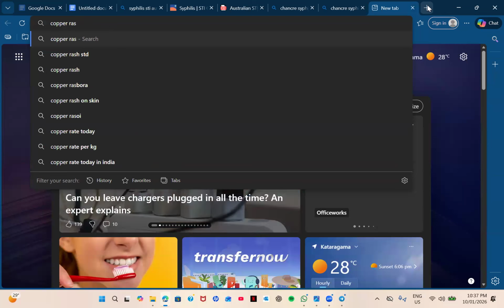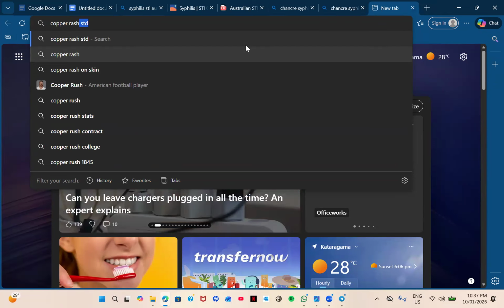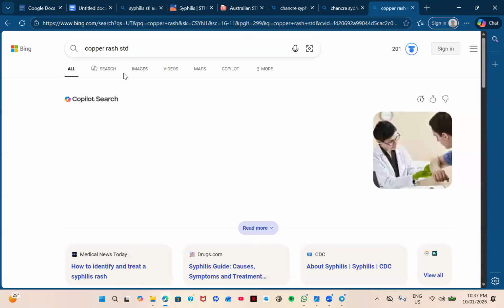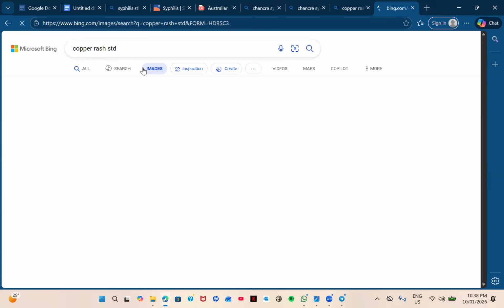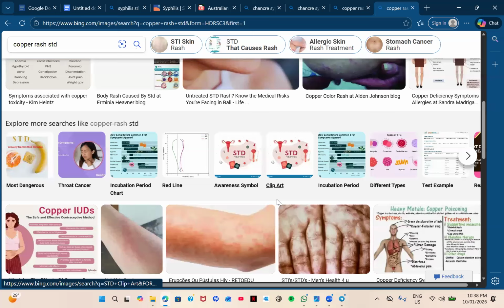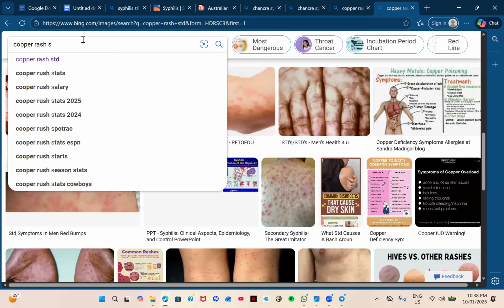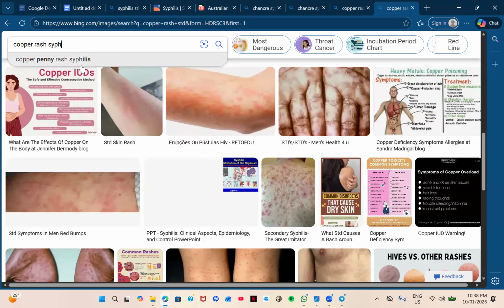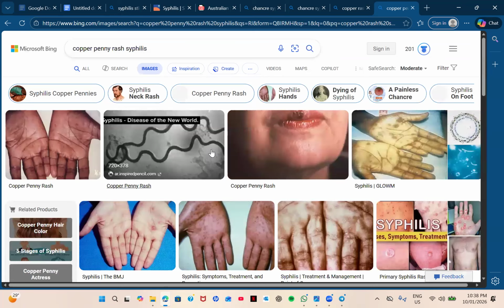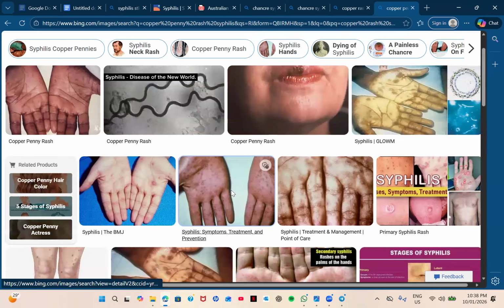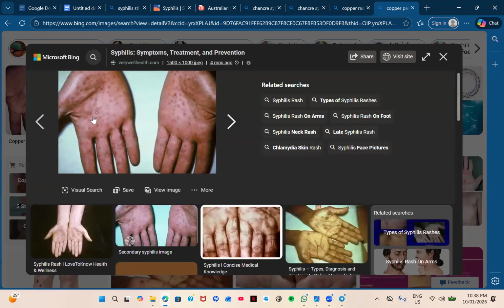I'll show it. Here. This is the copper rash because it's copper colored.